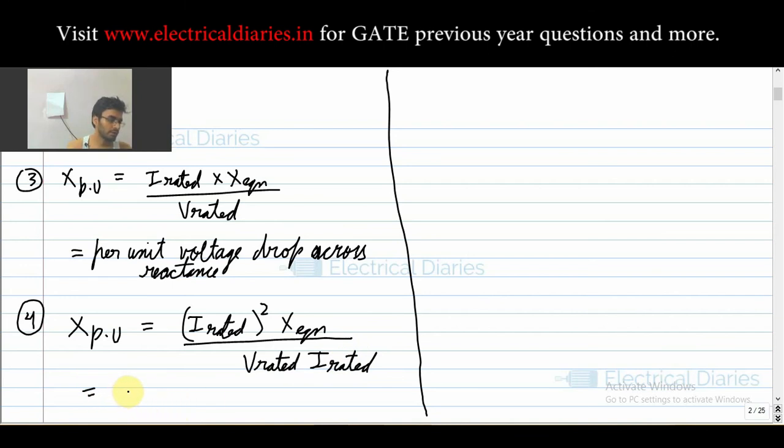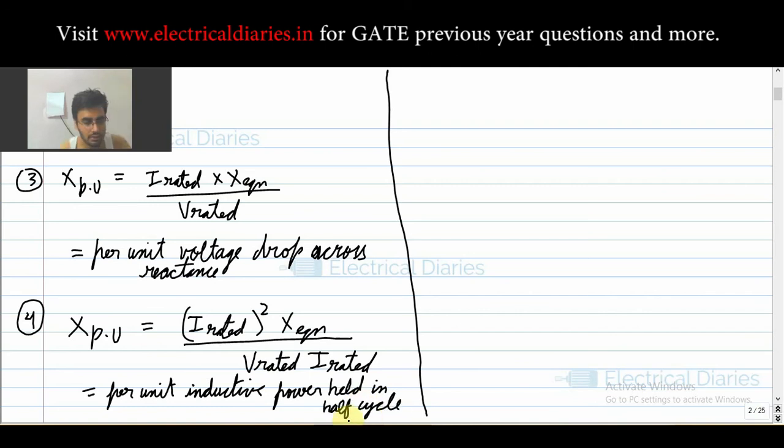Per unit inductive power stored in half cycle. I square X is inductive power held in half cycle. Okay, so the important part is for the R per unit. That is a must to remember.